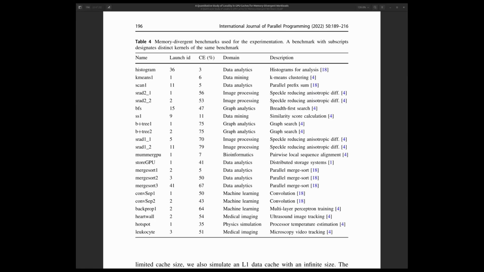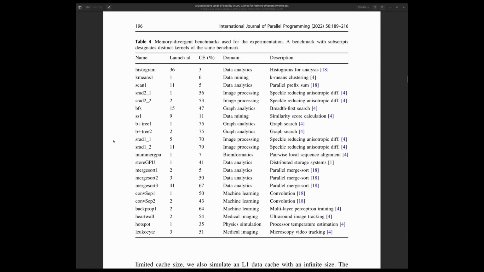So what we see is that across irregular workloads such as these, with varying levels of memory divergence, the maximum exploitable data locality in GPUs, if cache size wasn't a bottleneck, is primarily what's being quantitatively measured here.